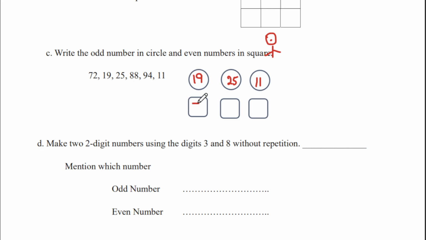Next we have 72, even number, and we have 88, even number, and what else, 94. Even numbers end with 0, 2, 4, 6, 8, and odd numbers end with 1, 3, 5, 7 and 9. Okay, now we are done.